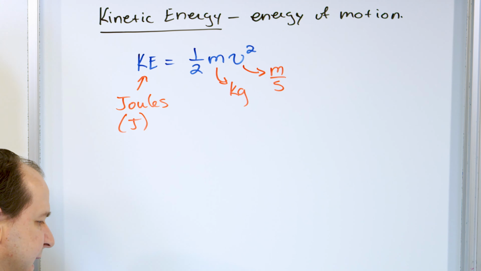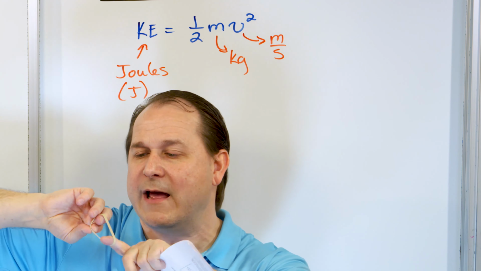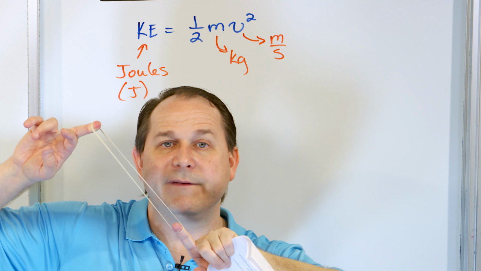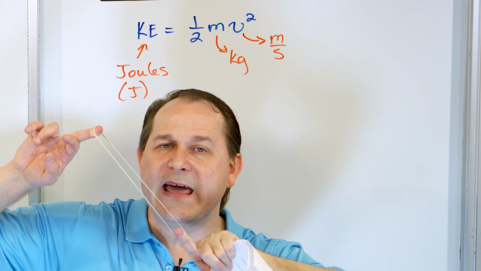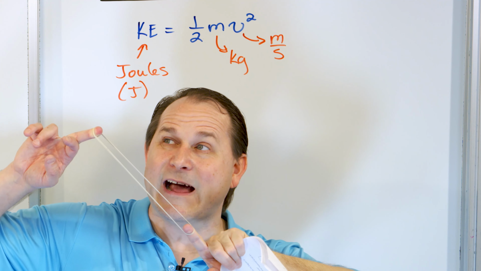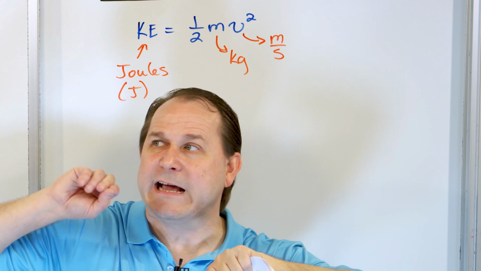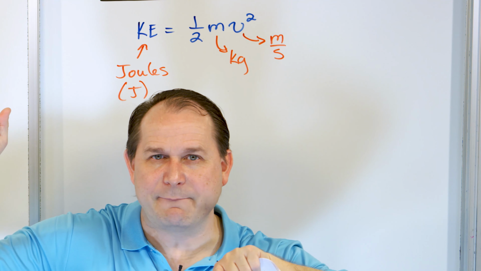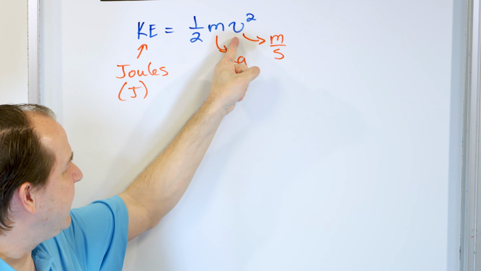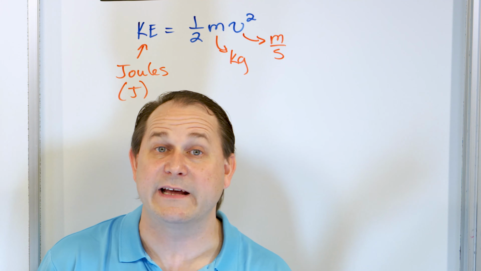And that is because if I take this rubber band, right, and I have, let's say, 10 joules of potential energy, nothing is moving, but this is the potential. If I could convert all of this potential energy into the energy of motion, and I fling it across the room, and I look at its speed immediately when it left my finger, and I took its speed and multiplied v times v, speed squared, times the mass of that thing, times 1/2, I would get 10 joules of kinetic energy.